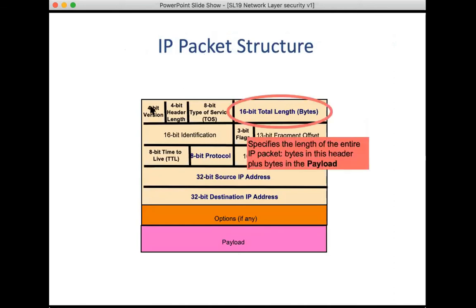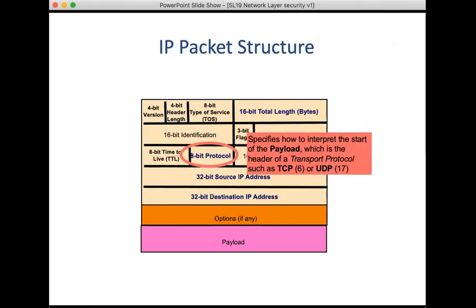Okay, the most important field here is, of course, the IP address, which is 32 bits. This field here specifies the length of the entire IP packet. Then there's a type field here, which is actually called the protocol field, which says what is the content inside, right? Because the payload will contain information about something, say, for example, it's running TCP.